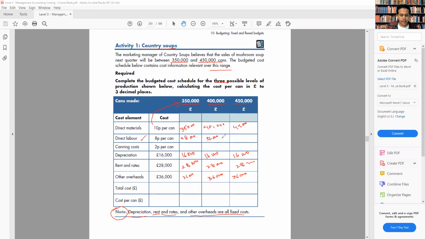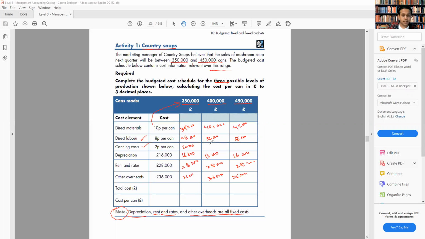Then we have 8 times 450. That will give us how much? 36,000. Very well done. Then the last one, we have the canning cost, 2 pence per can. How much will it be for 350? 7,000.